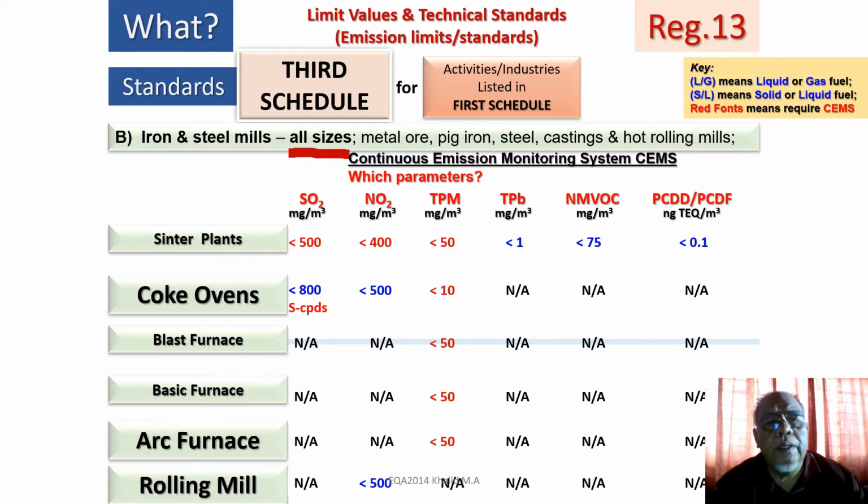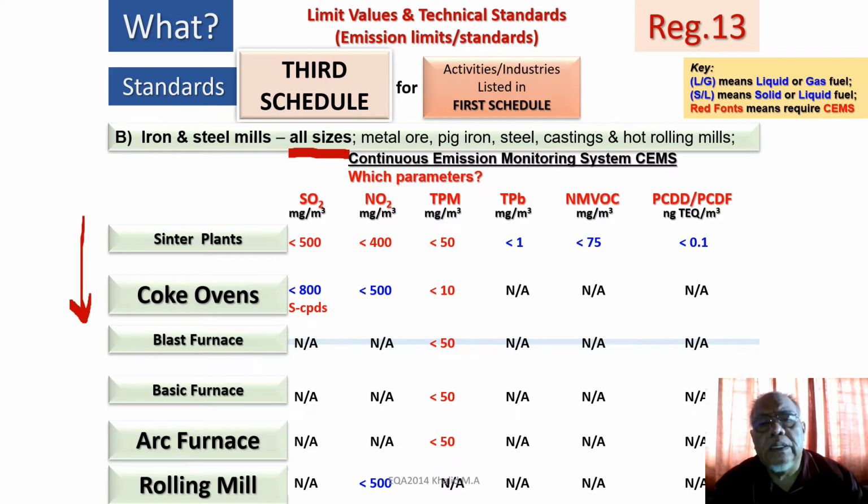If you look at this downwards, these are all the different types of plants: sinter plants, coke plants, blast furnace, basic furnace, arc furnace and rolling mill. Now on this side we have got all the parameters.